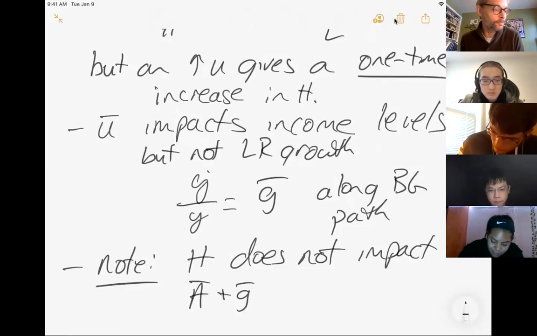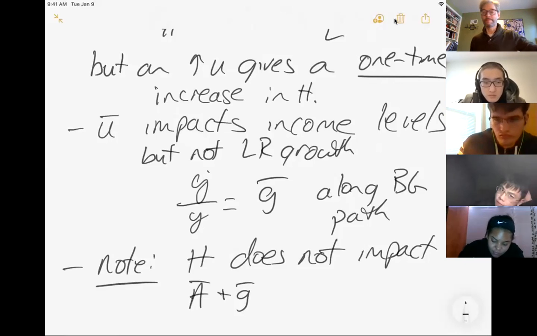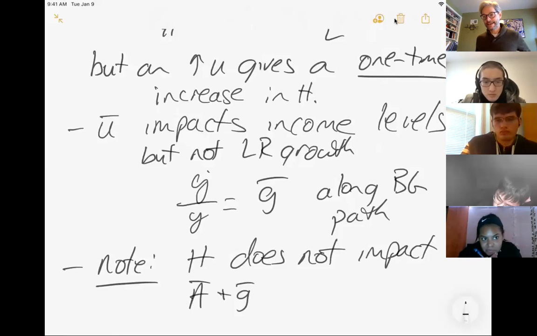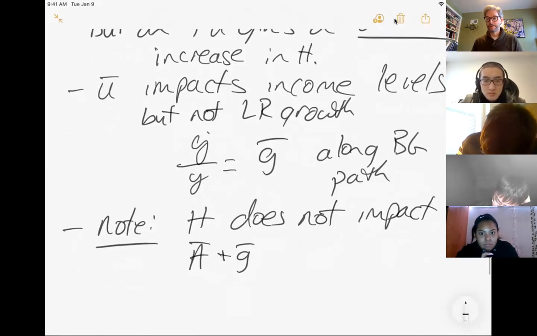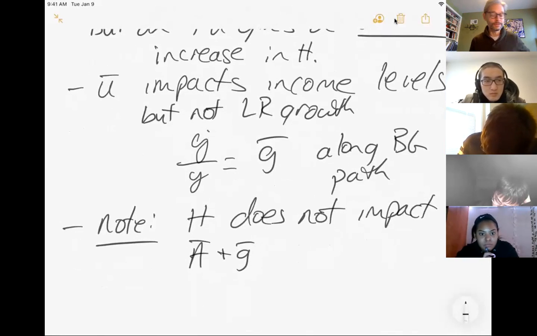In fact, this will be what we talk about on Monday, because I do think that's a limitation of this model, is that in the real world, almost certainly having more education is also going to impact your ability to innovate. But that's not something that's included in this model. So in this model, human capital is incorporated in a fairly limited way. It just increases your income levels, but it doesn't necessarily make you grow faster. Okay.